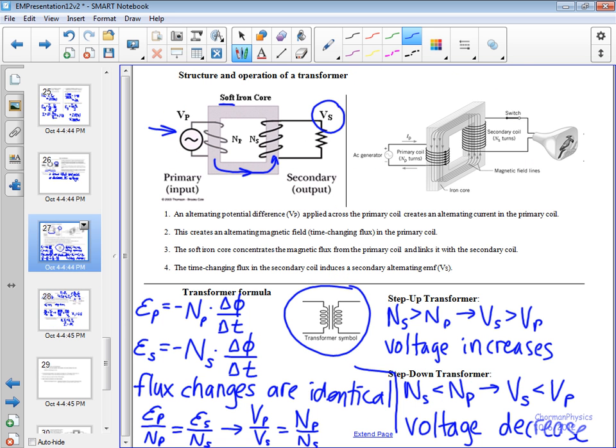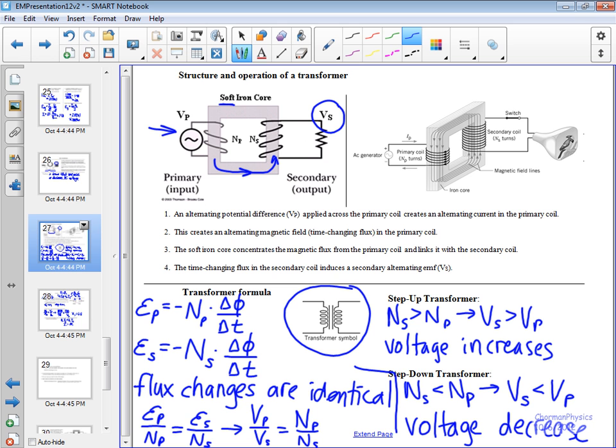So, this step-up transformer might bother some of you. Some of you may be wondering, doesn't that violate the law of conservation of energy? If we're increasing the voltage, that increases the amount of energy being carried per charge. Remember, another way to think of voltage is the energy that's being carried per charge.